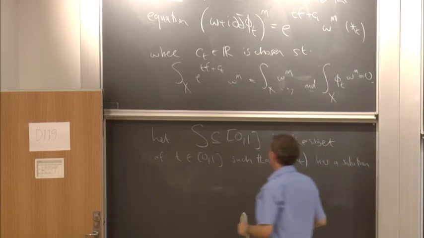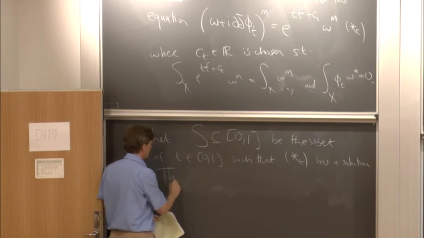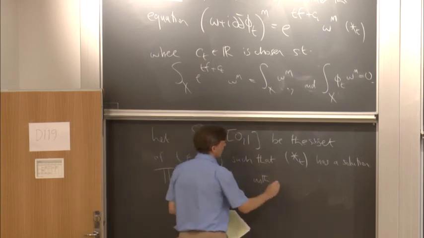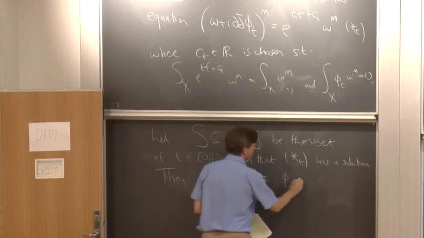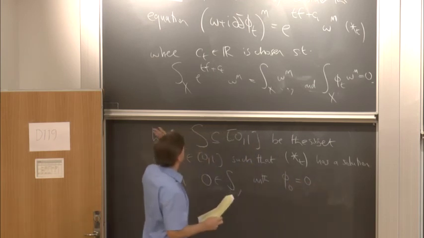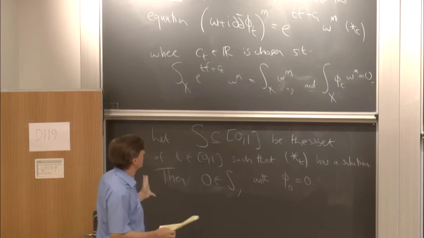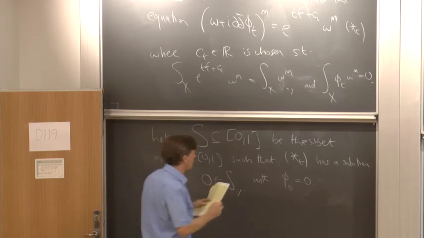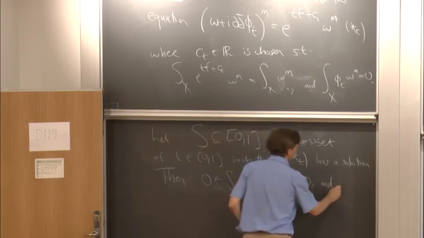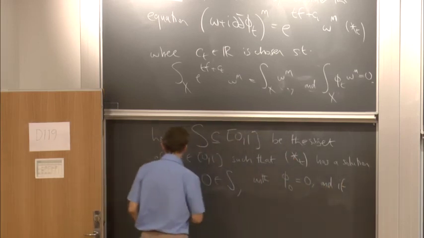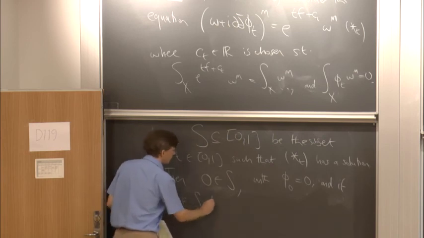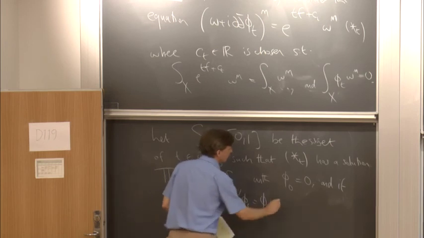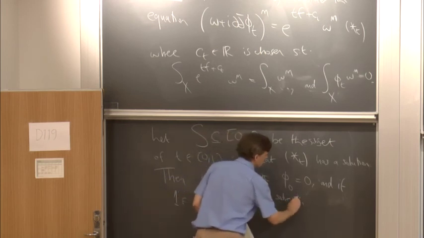And well, firstly, 0 lies in S with phi_0 equal to 0, because then you just get omega to the m is omega to the m. And if 1 lies in S, then the solution phi_1, which is phi, solves the Calabi conjecture.